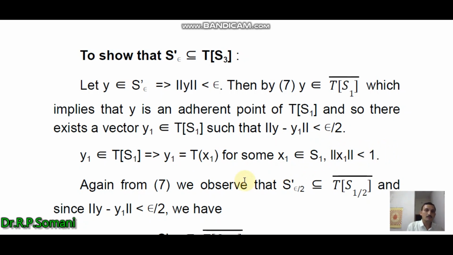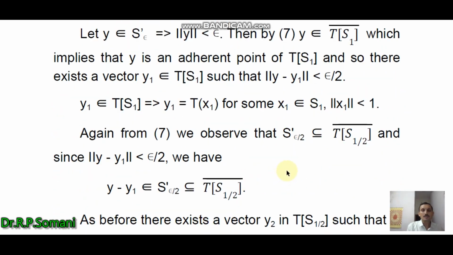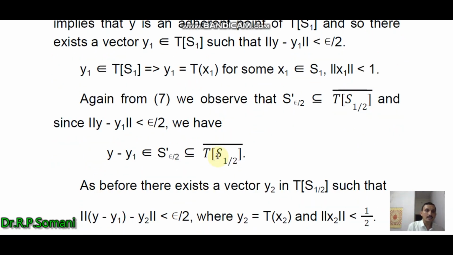So again from equation 7, we observe that S dash epsilon by 2 is a subset of the T S half bar, and therefore since norm of the y minus y1 is less than epsilon by 2, we have y minus y1 belongs to S dash epsilon by 2, a subset of the T S half bar.